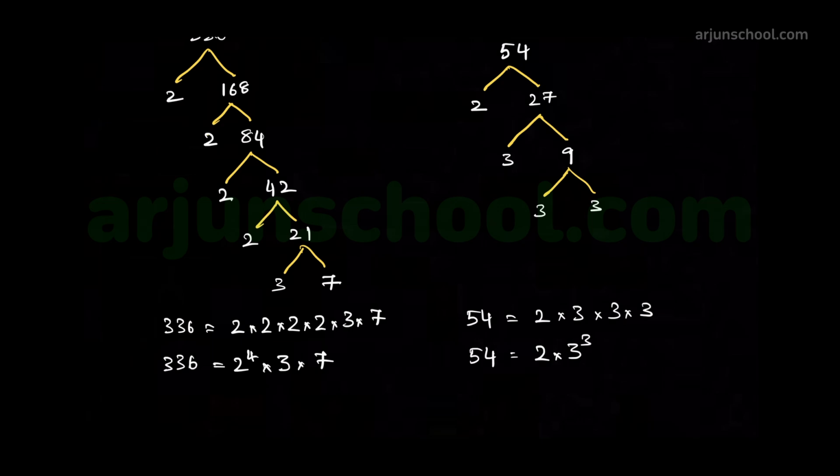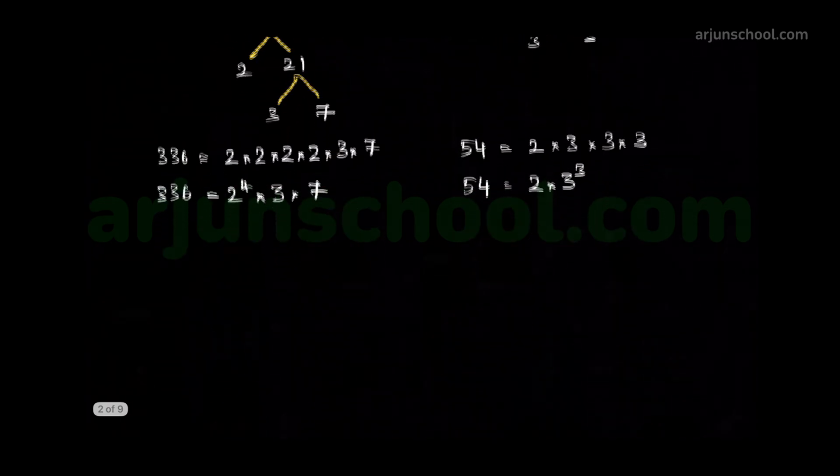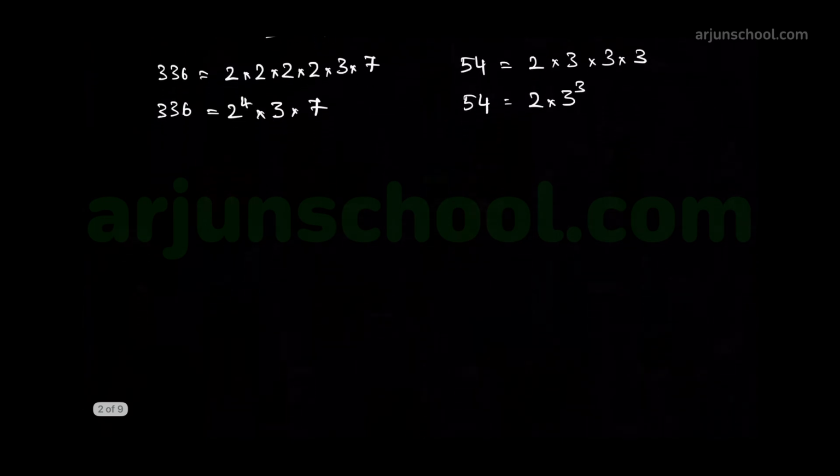Now we have completed the prime factorization for both the numbers 336 and 54. We have 336 is equal to 2 power 4 into 3 power 1 into 7, and 54 is equal to 2 power 1 into 3 cube. Now let us find the HCF and LCM of these two numbers.